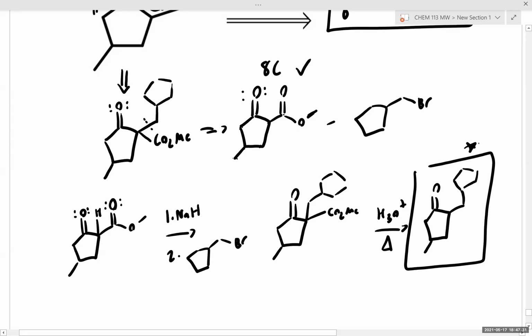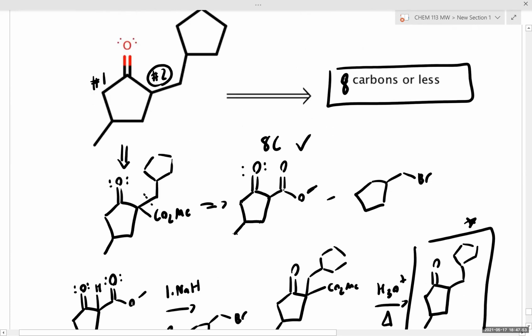Does this synthesis and does this idea of using malonic esters and beta ketoesters in synthesis make sense? What was the very first step?